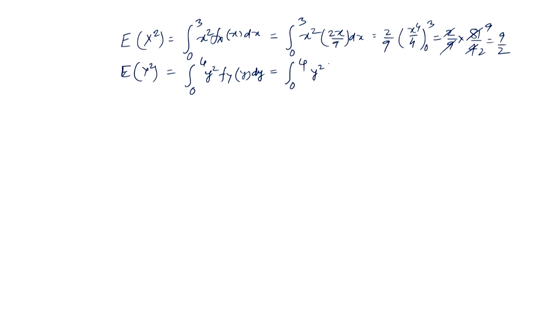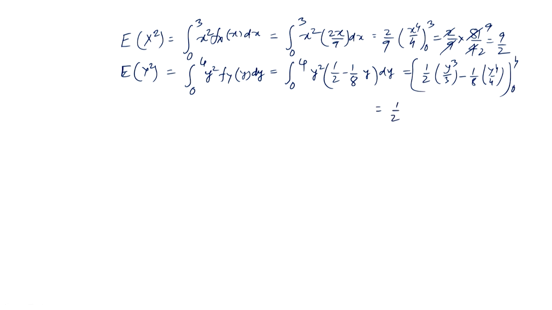So, 1/2 minus 1/8 y dy, and this is 1/2 into y cube by 3 minus 1/8 into y^4 by 4, and we get the value as 1/2 into 4 to the power 3, so 64 by 3, minus 1/8, 4 to the power 4.